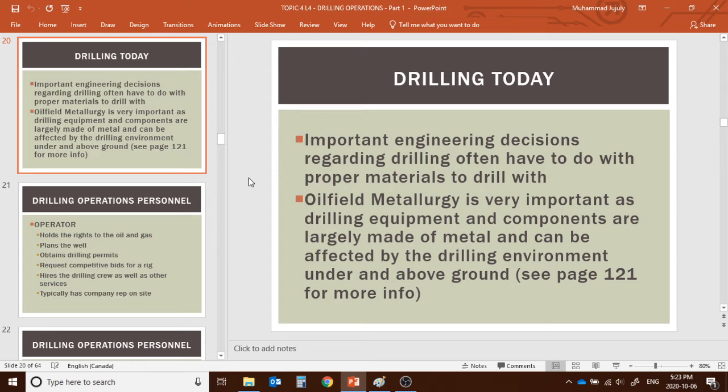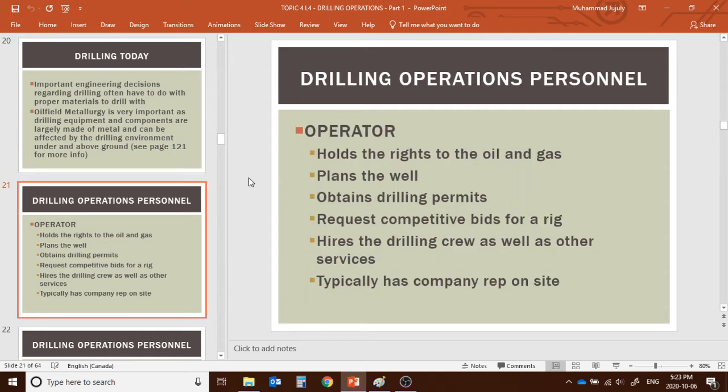But just remember the hardness and toughness of all the drill bits and all other materials we want to use. This is very important, otherwise the whole project could fail.